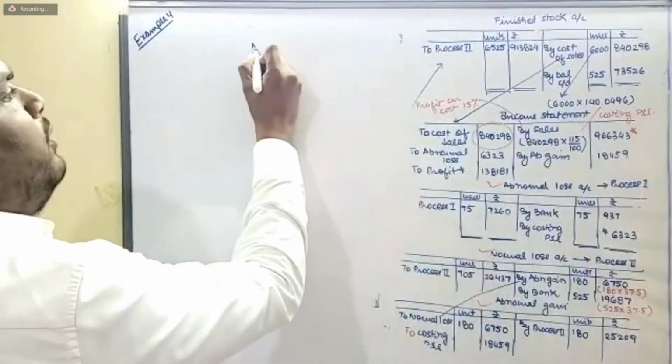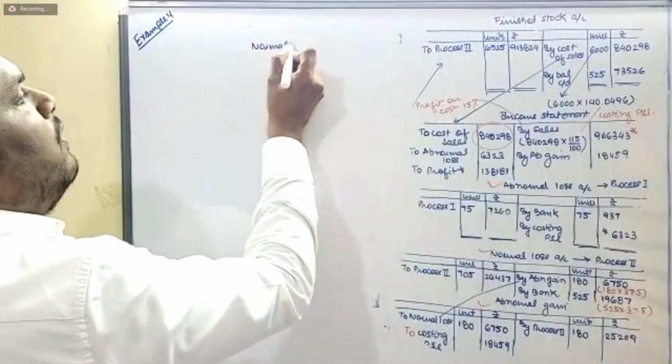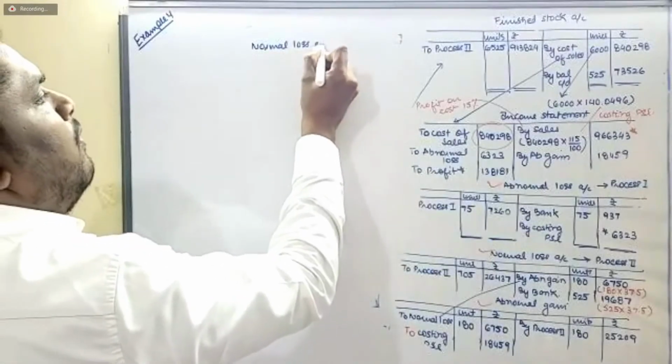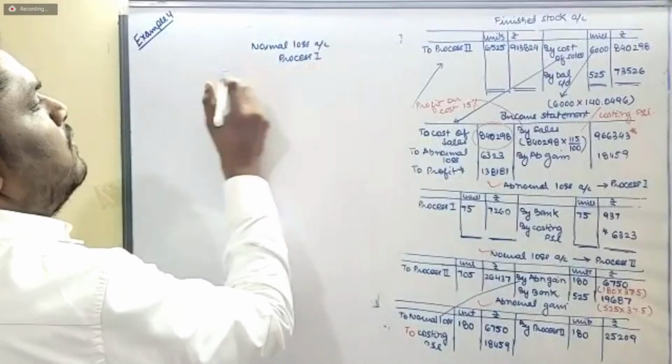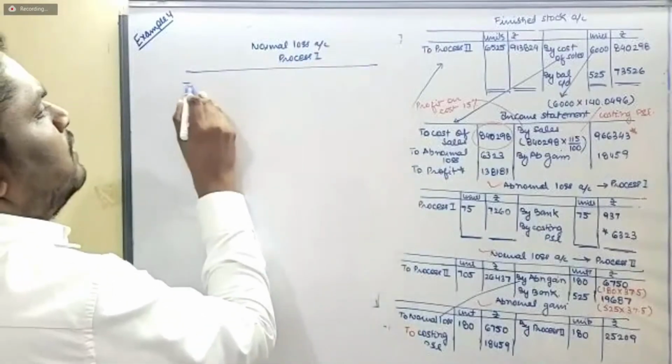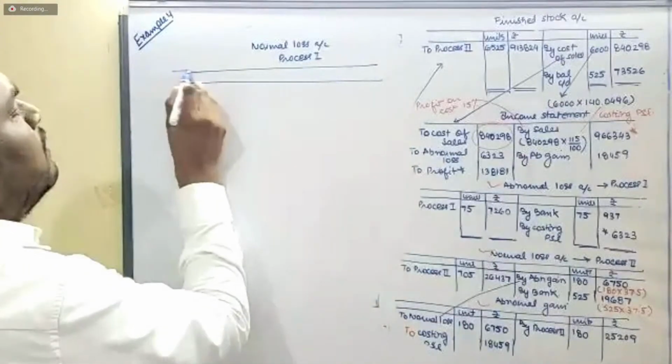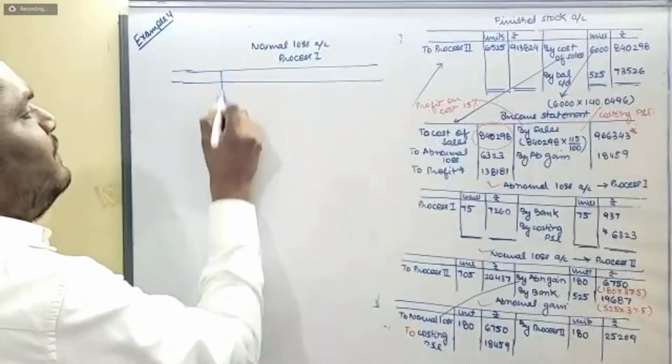So when talking about normal loss account of process first, it's very simple.